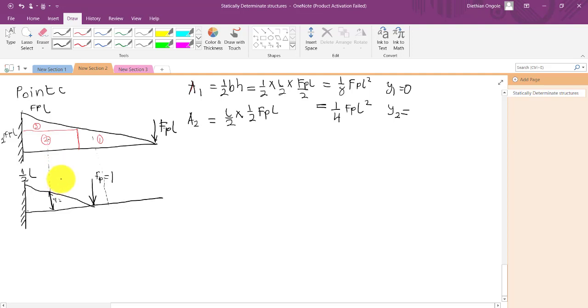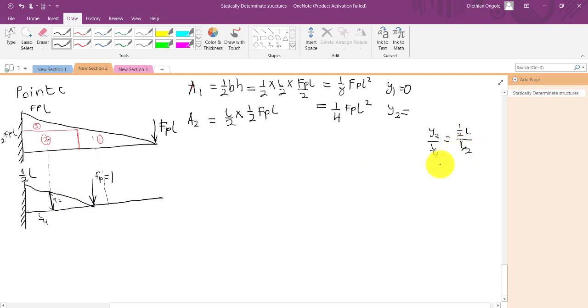So when I use the approach of similar triangles, y2 divided by this, which would be L over 4, is supposed to be equal to the height of this entire triangle, which is a half L, divided by the length, L over 2.